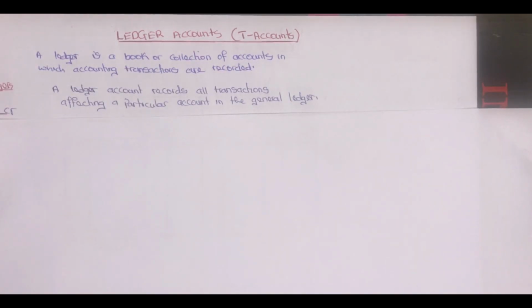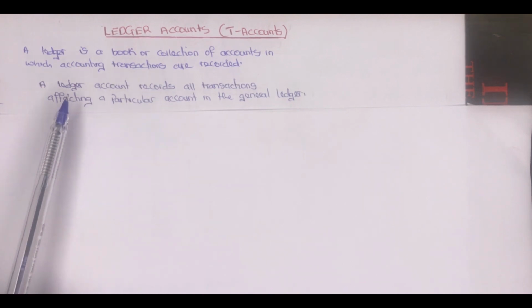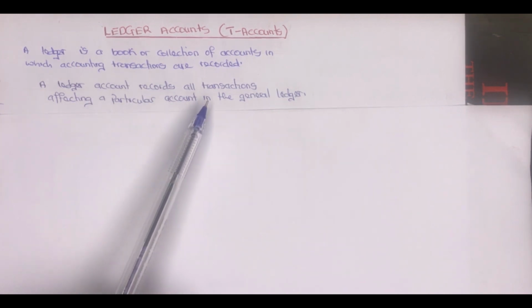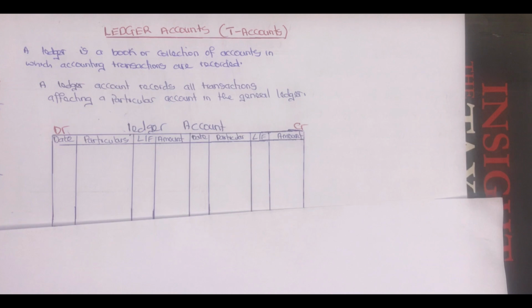So let's look at the definition of a ledger account. A ledger account records all transactions affecting a particular account in the general ledger. So the ledger account has a format like this.